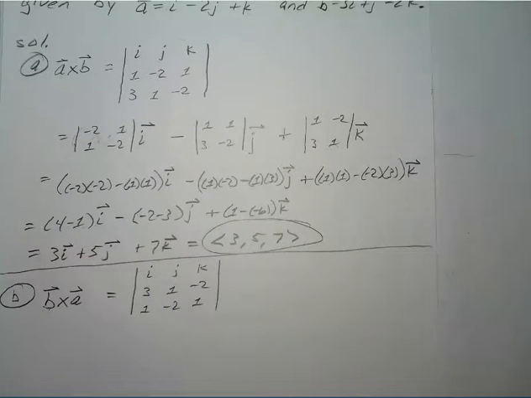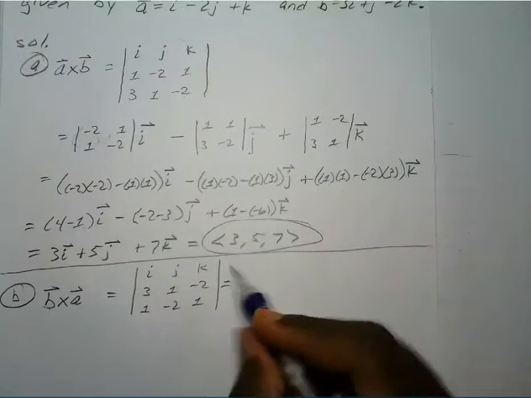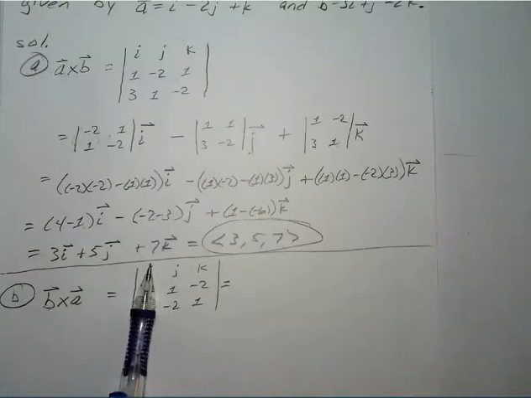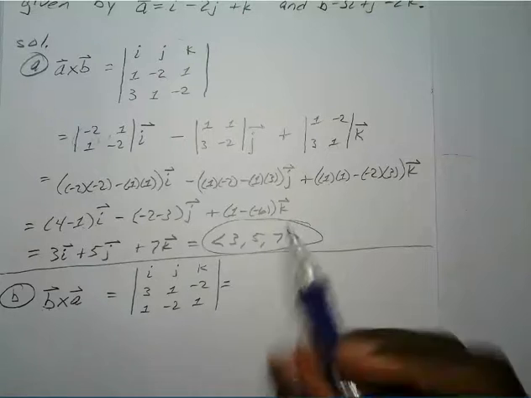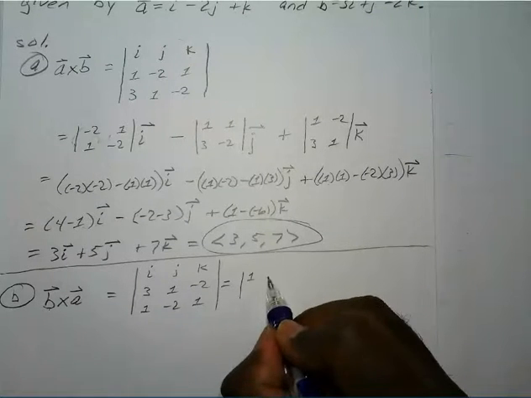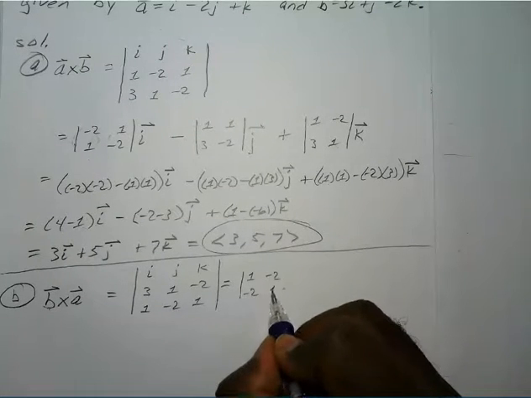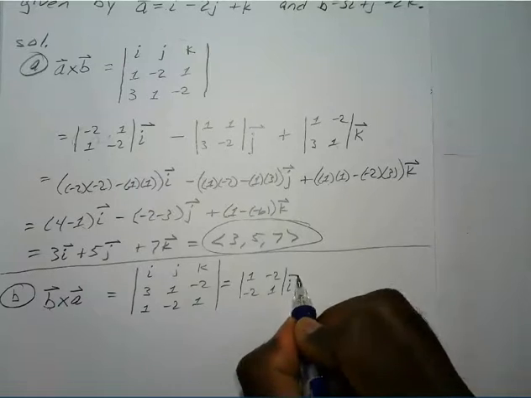All right. So that will equal, we cover up our i. We have 1, negative 2, negative 2, 1 times our i vector.